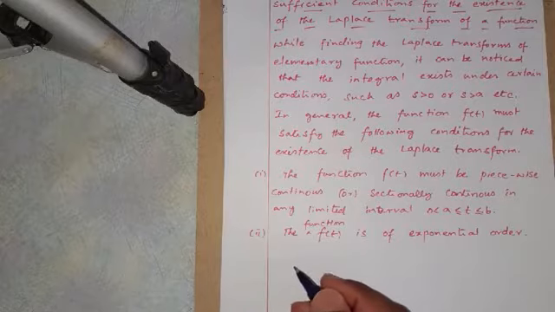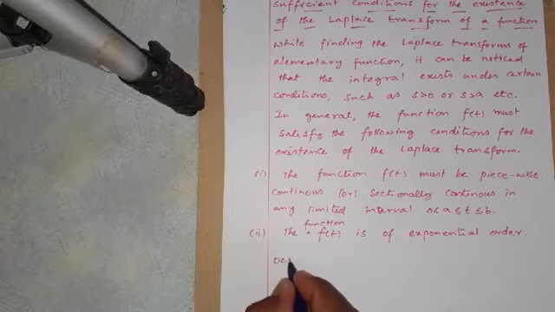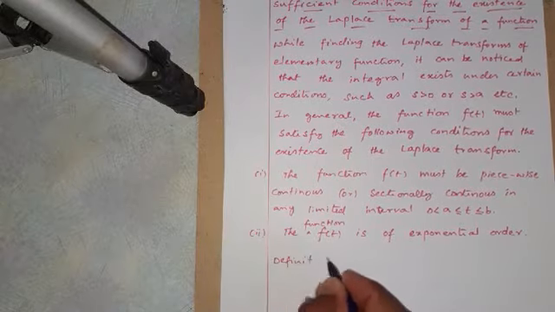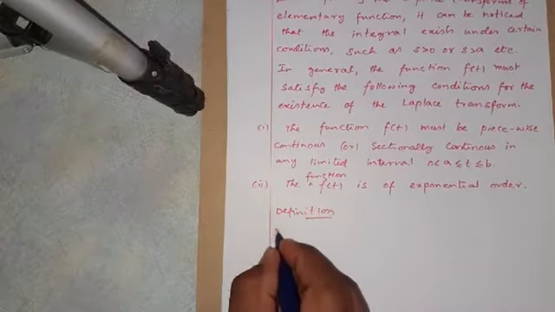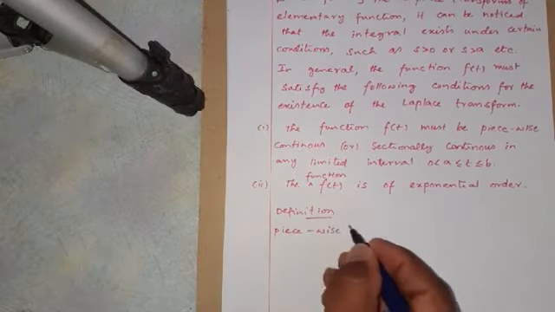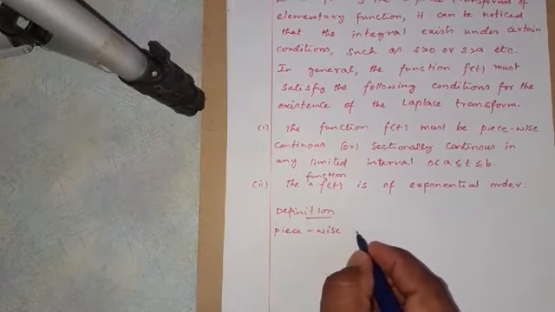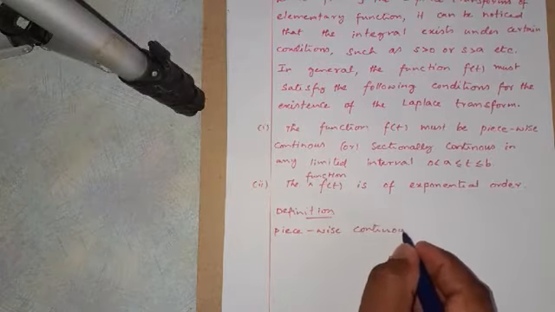Now I want to explain what a piecewise continuous function is. Let us make it clear. Let us write this definition of piecewise continuous, and then I'll give you examples based on this piecewise continuous function.